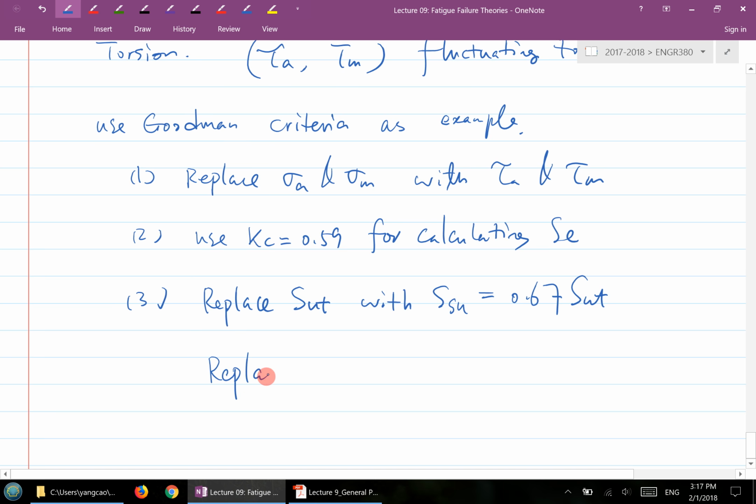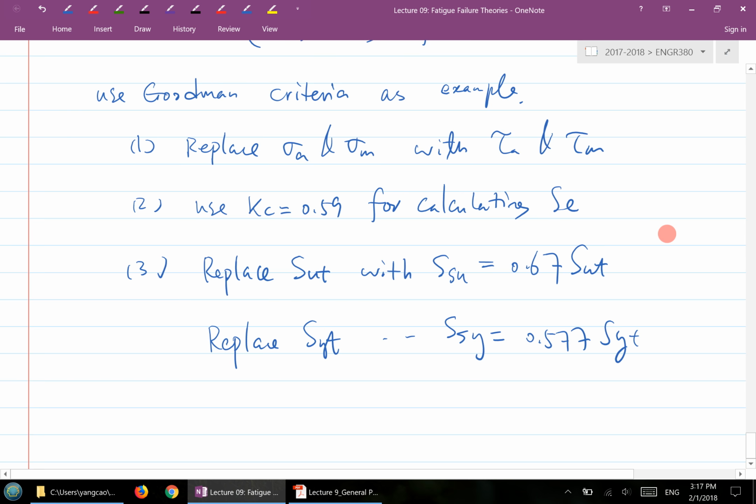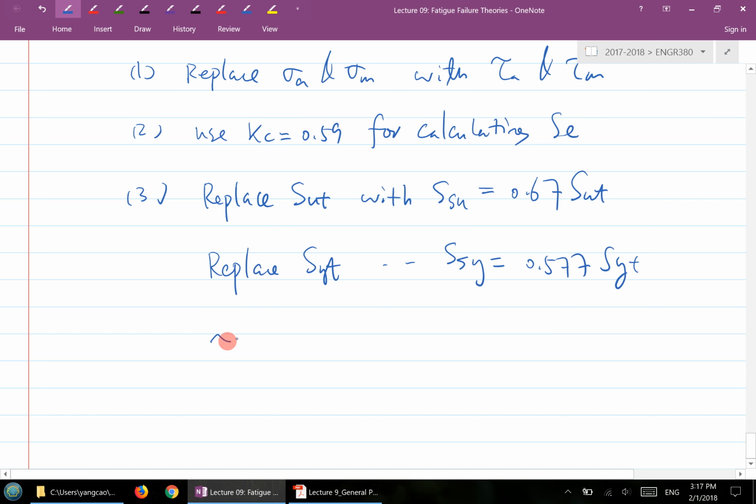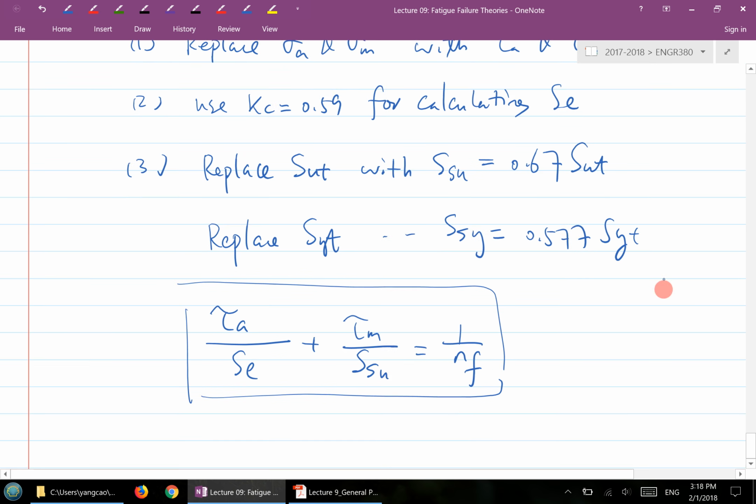Then you replace the SYT with SSY, the shear yield, which is 0.577 SYT. And 0.577 SYT, if you recall, is a result from the distortion energy theory. So now you can obtain the modified Goodman line criteria for torsional fluctuating loading.